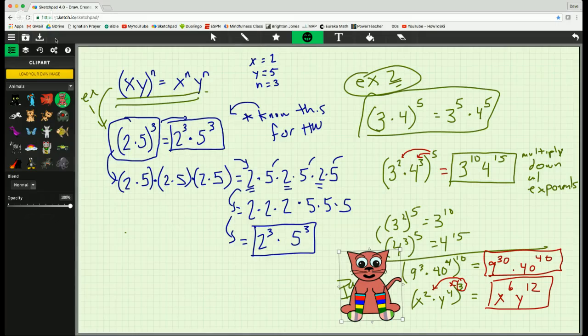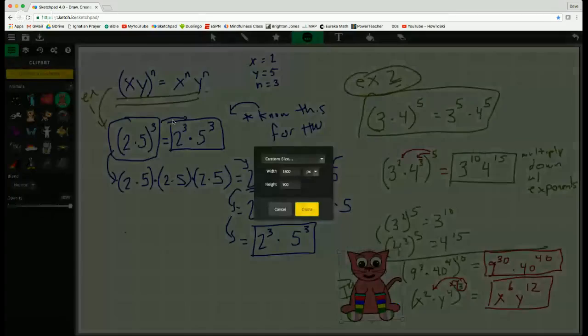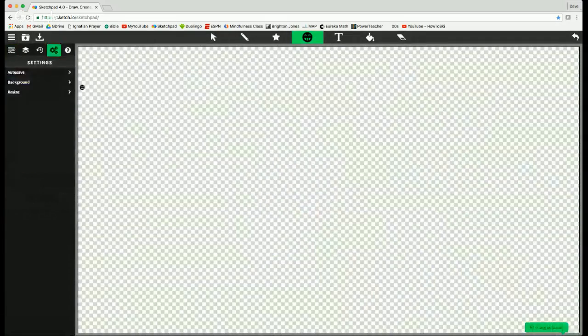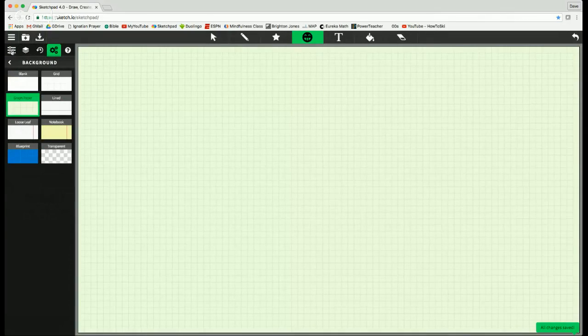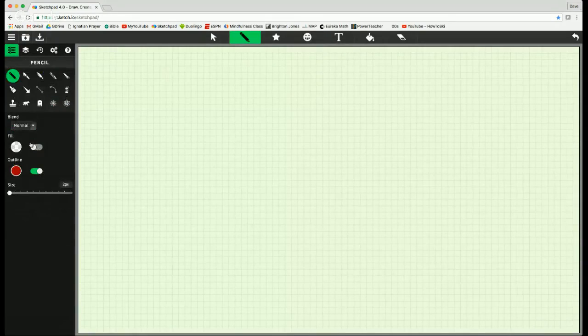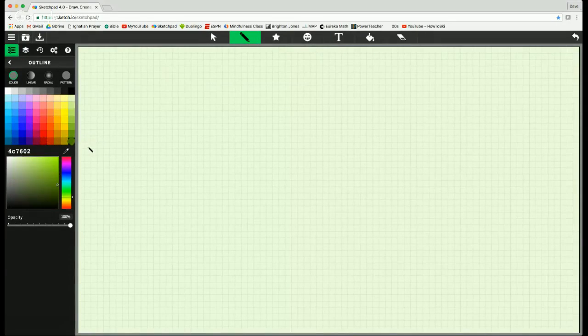Okay, one last thing I want to show you before we go on to a little bit of homework help is the idea of x over y, and this is going to be very similar to the last rule, right?